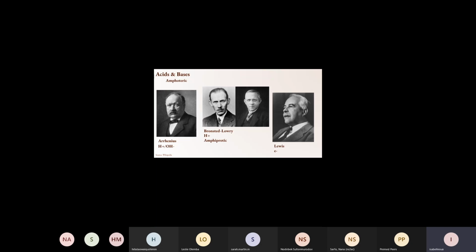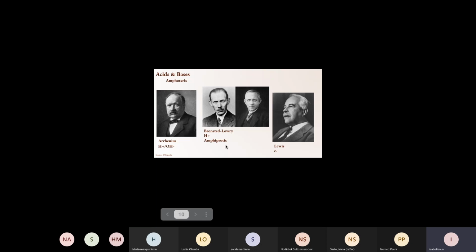And if you think about the proton having the positive charge, of course, at the end of the day, it is going to accept an electron, right? So then the roles reverse, with the acid accepting the electron, whereas the base donates the electron.